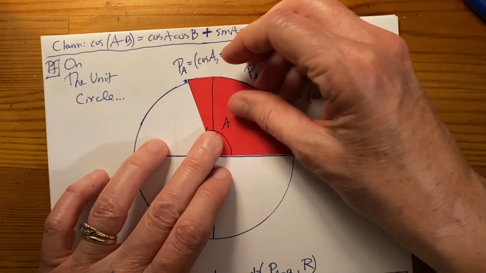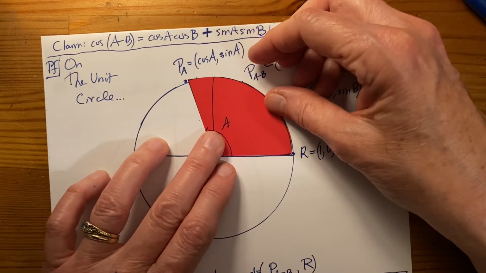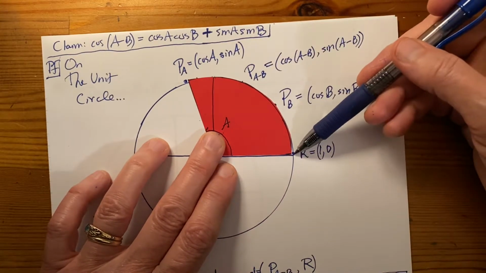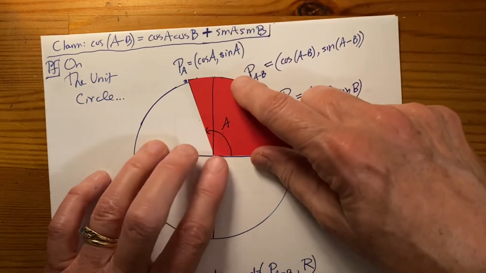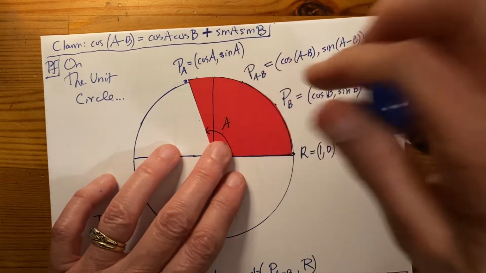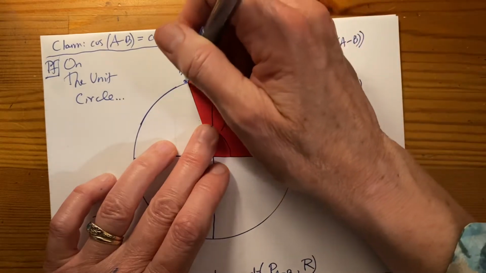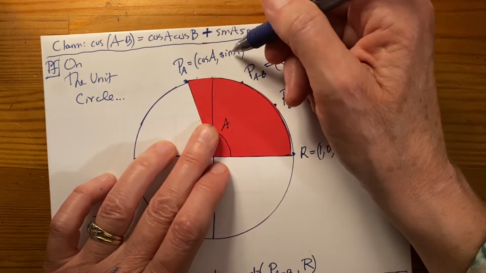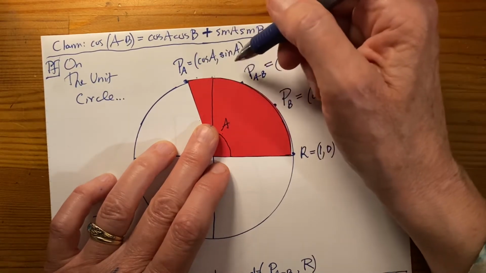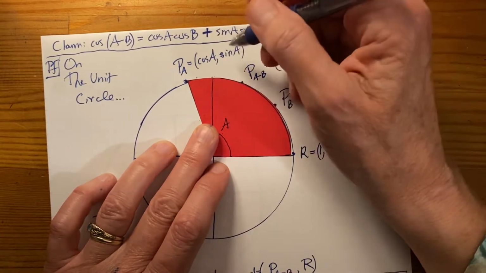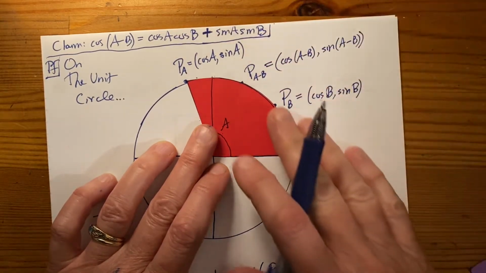So let's say that this is our angle A, and we put that in standard position. Notice that at these endpoints here we have R, the point 1, 0, and up here, this is where A is terminating, so that's the point on the unit circle where this terminal ray intersects the unit circle. Its coordinates by definition are the cosine of A and the sine of A. We call the x-coordinate the cosine of that angle and the y-coordinate the sine of that angle, right?